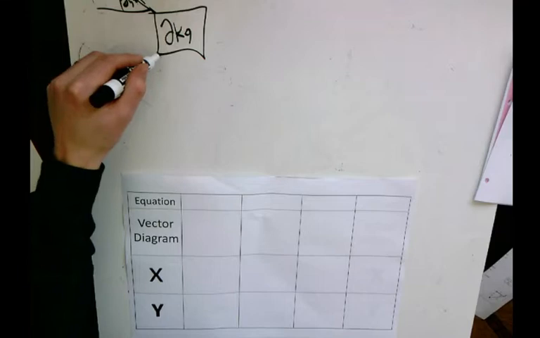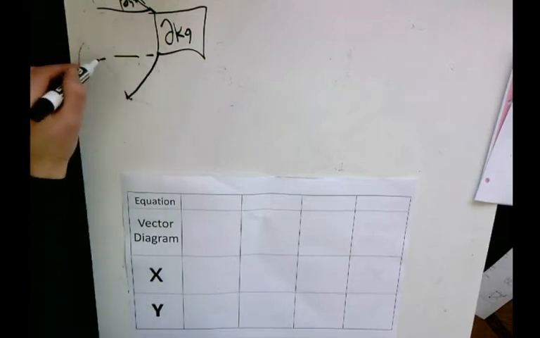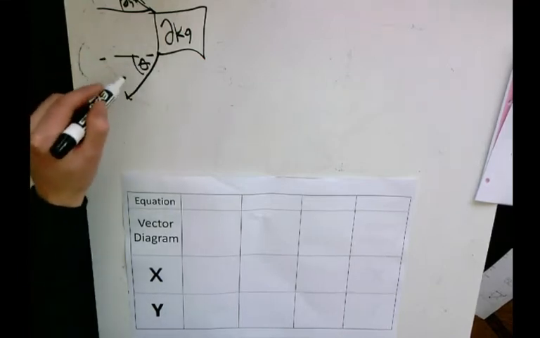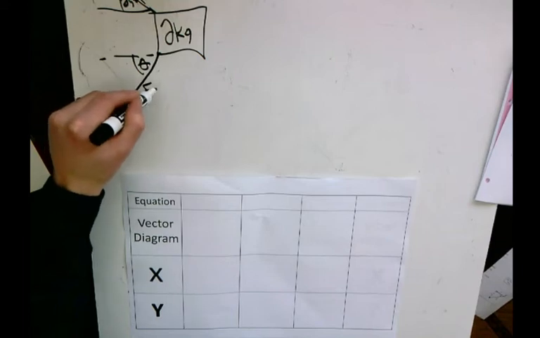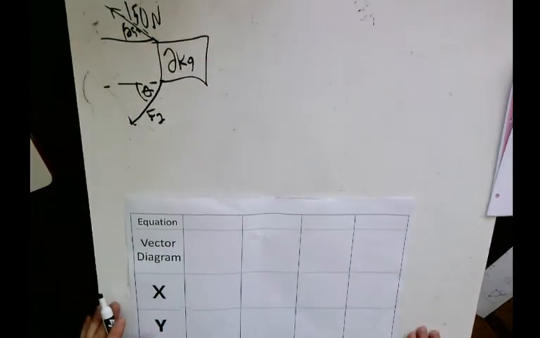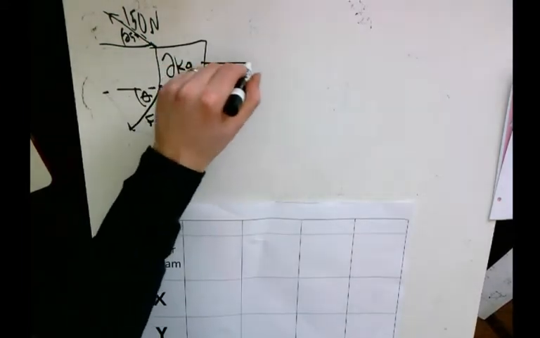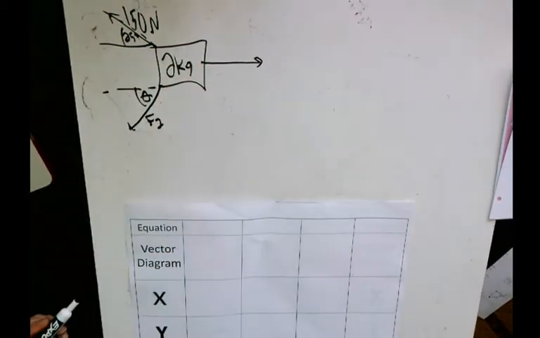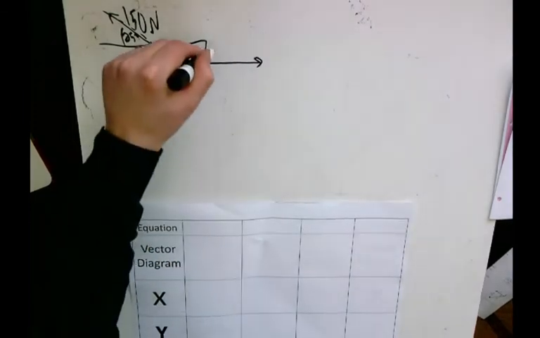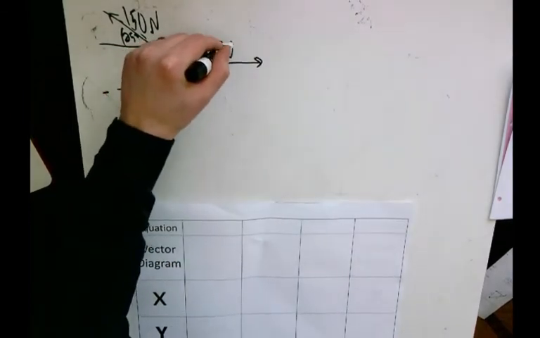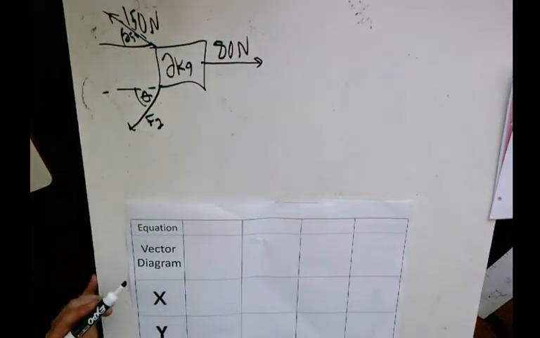We have this second force with an unknown angle and an unknown magnitude. And a third force that is fortunately one dimension. We have 80 newtons just to the right.